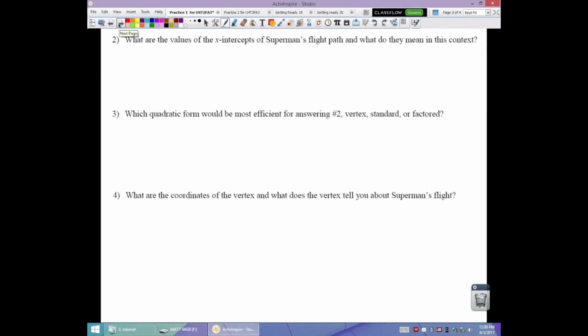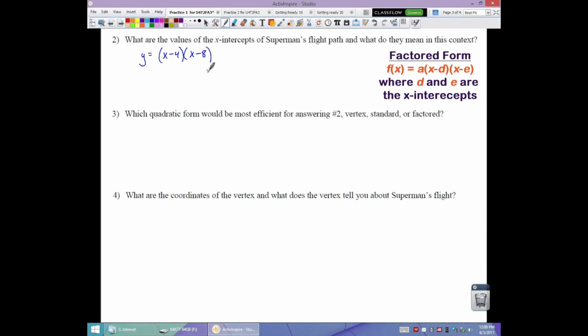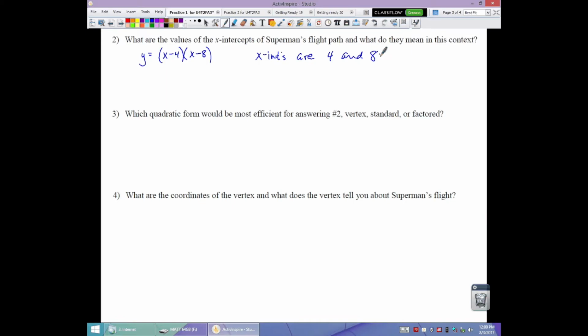What are the values of the x-intercepts of his flight path, and what do they mean? Because that factored form was y equals x minus 4 times x minus 8, the x-intercepts are 4 and 8. Now there is a second part. What do they mean in this context?